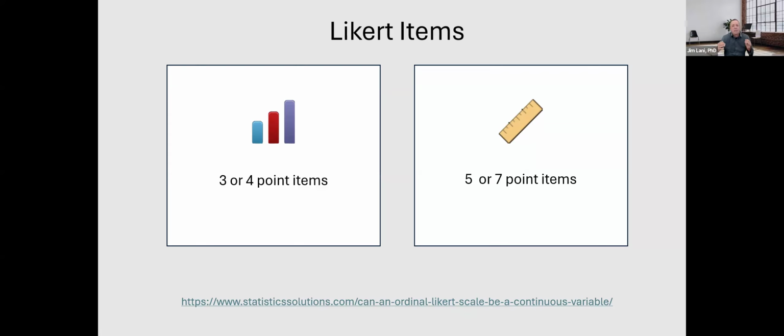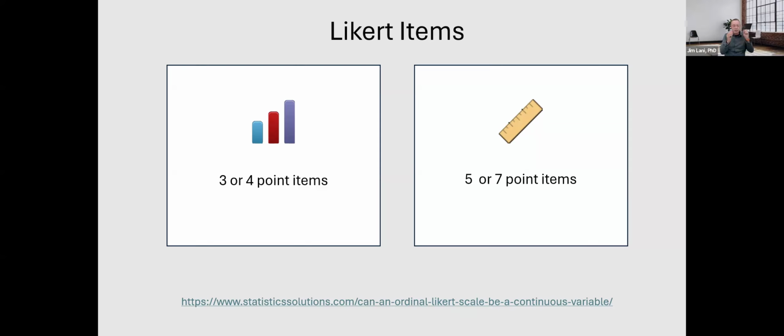The basic rule of thumb is this. Two rules of thumb. The first rule of thumb is if it's a 3 or 4 point scale, keep it as ordinal. And I put down a reference here to the Statistic Solutions link. Maybe we can put that into the Q&A or into the chat as well.